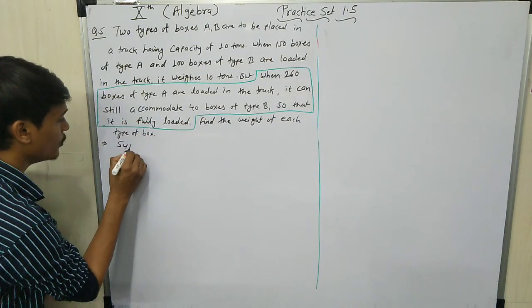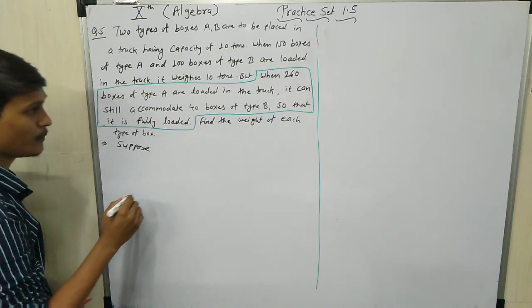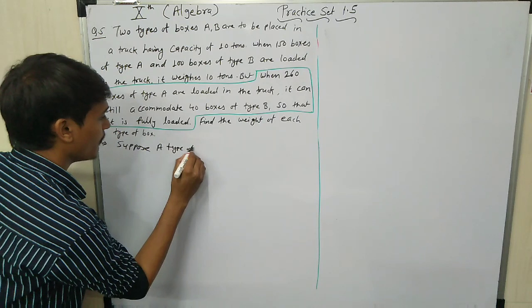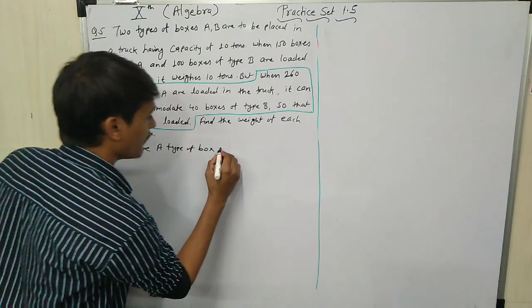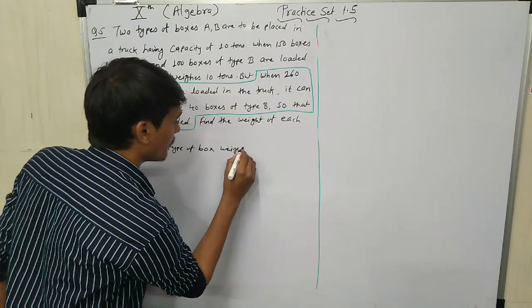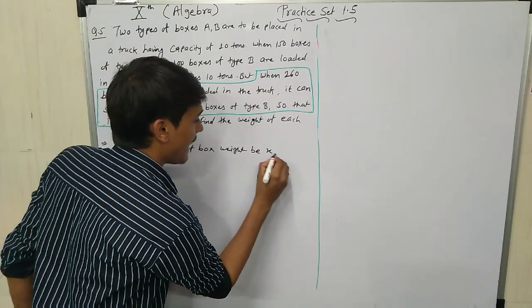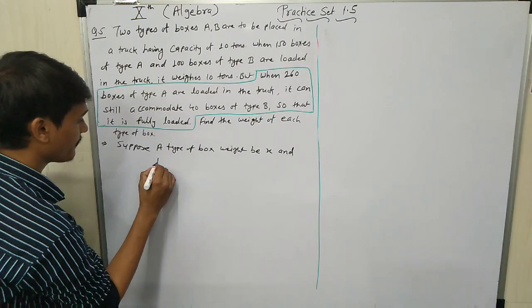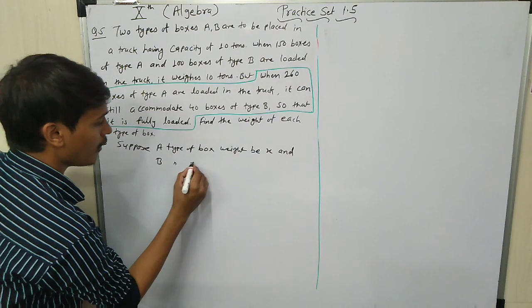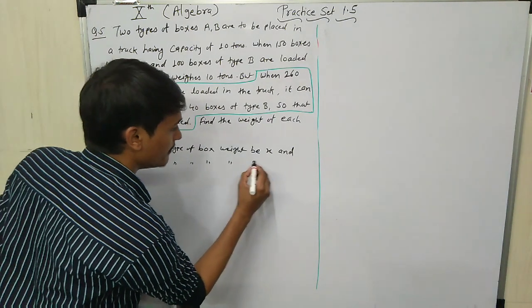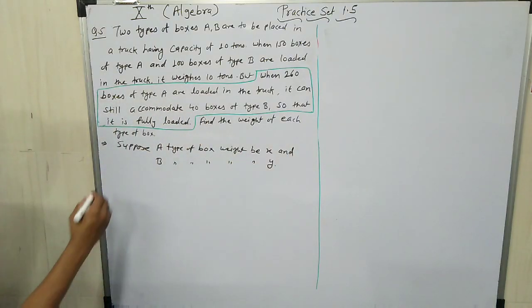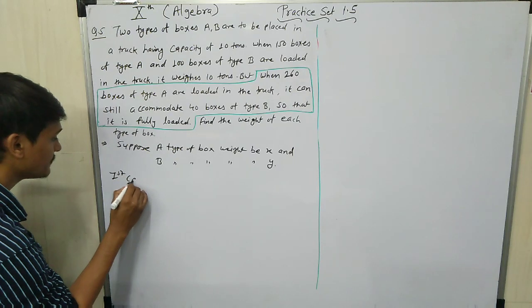Write down here. Suppose type A box weight be x and type B box weight be y. Understood? Now, the first condition.